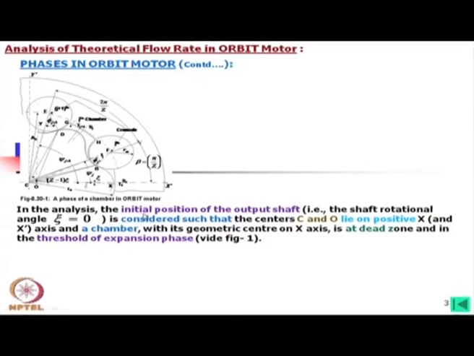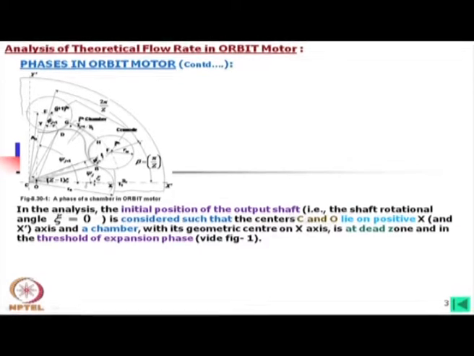Now, in the analysis, the initial position of the output shaft, that is the shaft rotational angle theta, is taken as 0. We consider that when this crest is at top dead center, that angle is 0.